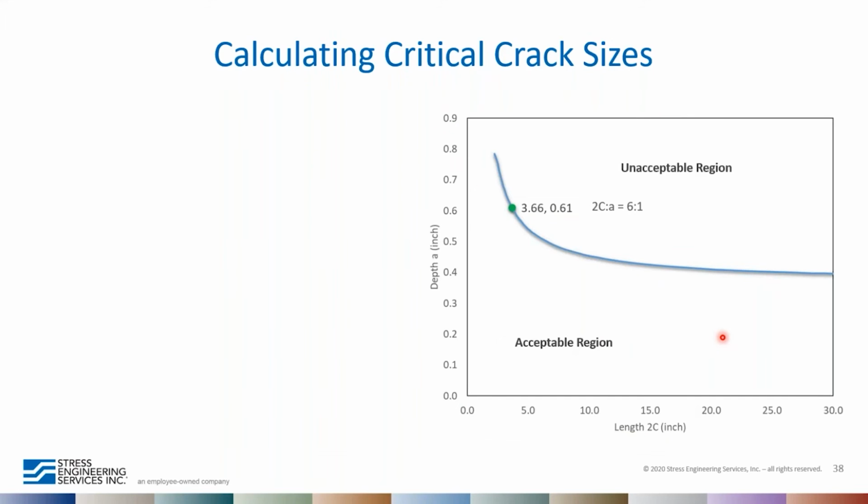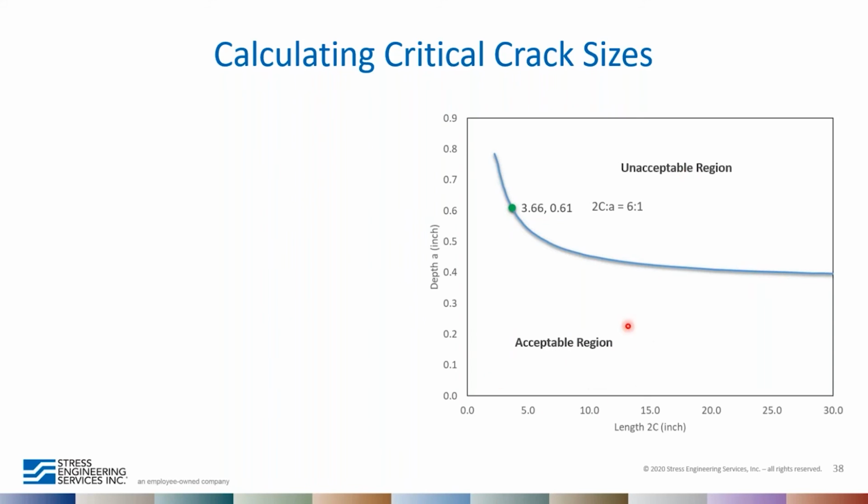And so when performing ECAs, we often present the results in the form of a critical crack size curve. Here we have the length shown on the horizontal axis, the depth of the crack shown on the vertical axis, A, and then a curve which represents a boundary that determines acceptable or unacceptable crack sizes.